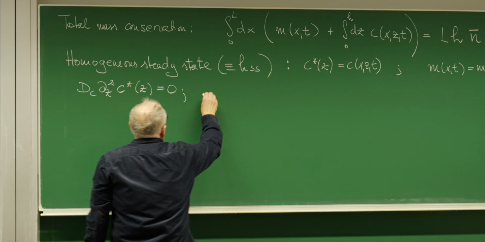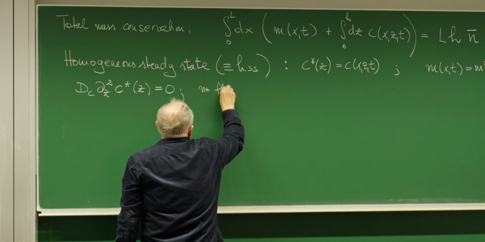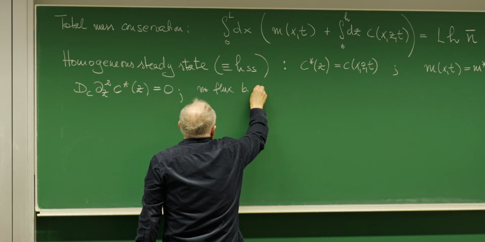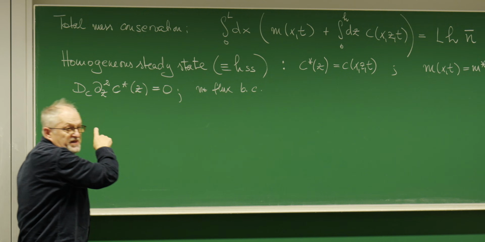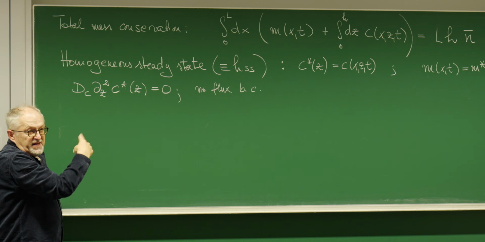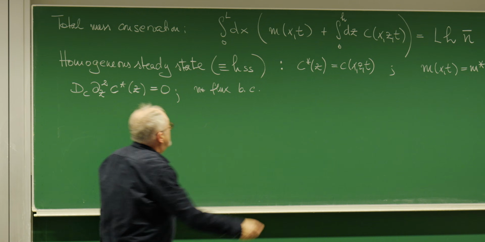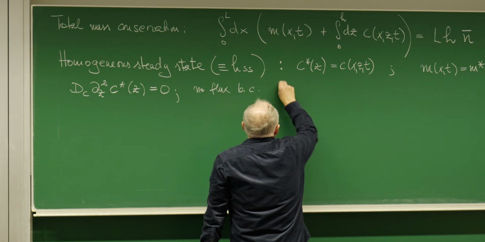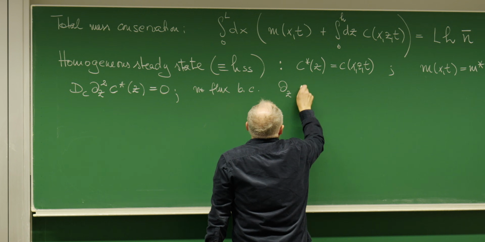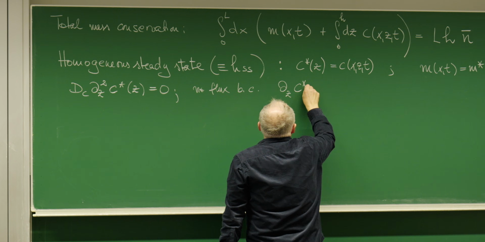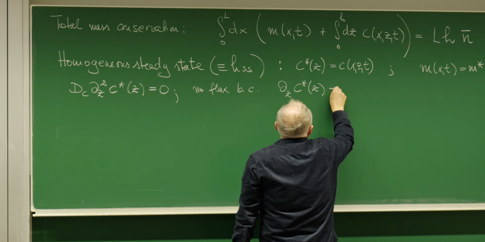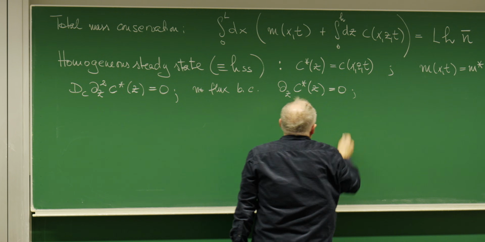Because we have no flux boundary conditions, I can integrate that relation here once, and the integration constant is 0 because there's no flux at the boundaries. So we have from that dz c star of z equals 0.